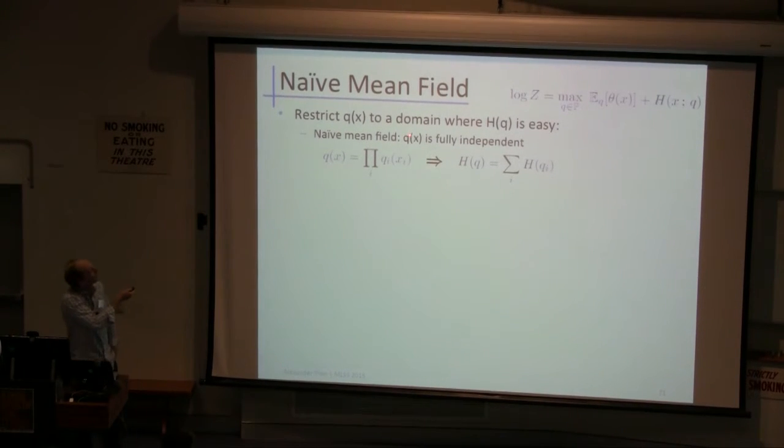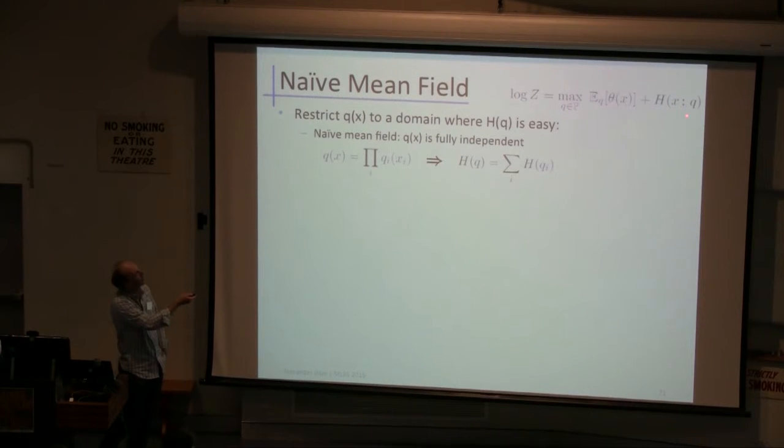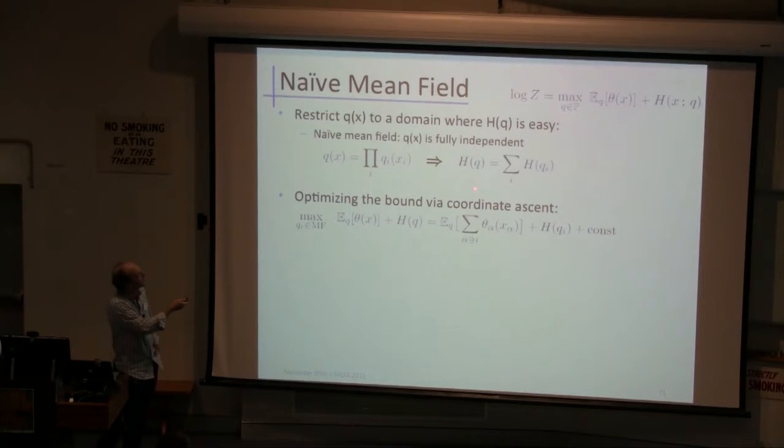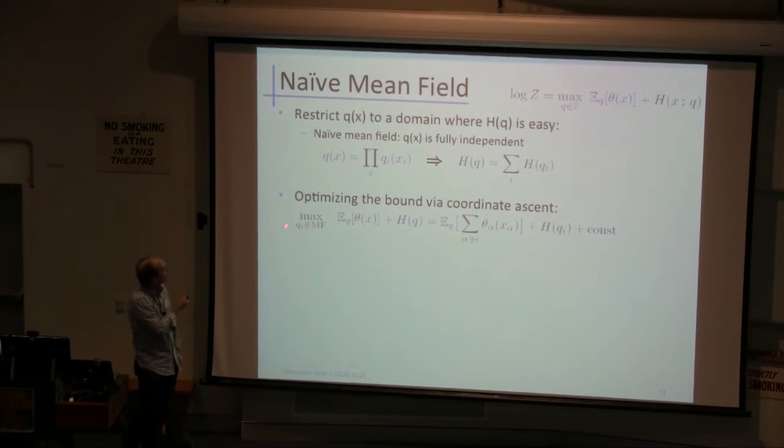So for example, if I restrict my attention to distributions Q that are fully independent, so Q is a product of distributions on each xi, then this entropy over Q is easy to evaluate. Since Q is a product, the entropy is just the sum of entropies over each variable. And so that means that my entropy is also expressible in terms of just simple probabilities. And then we can optimize this bound by searching over Q's to maximize this distribution.